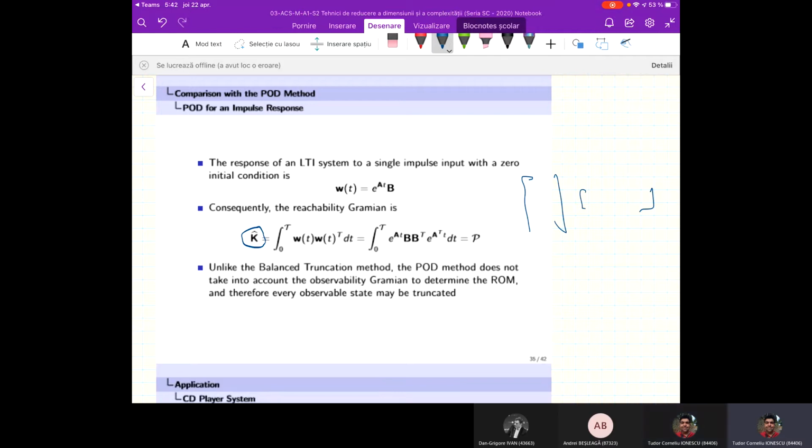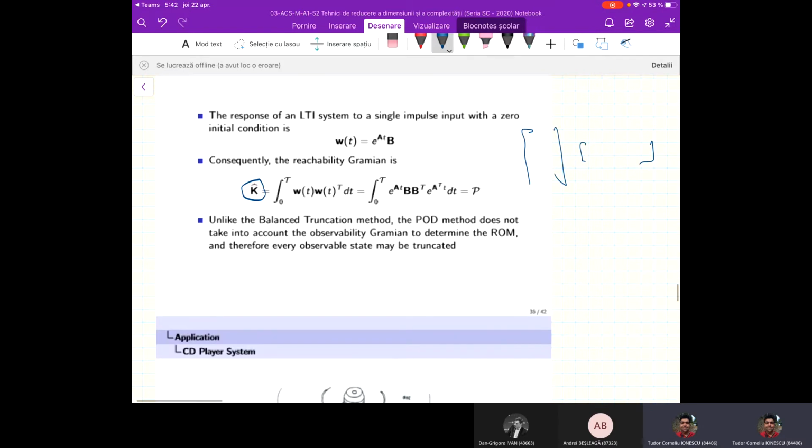Unlike balanced truncation, the POD, proper orthogonal decomposition, does not take into account the observability Gramian. So it's only based on one Gramian. From this point of view, this can be relevant because you get away with solving only one problem.